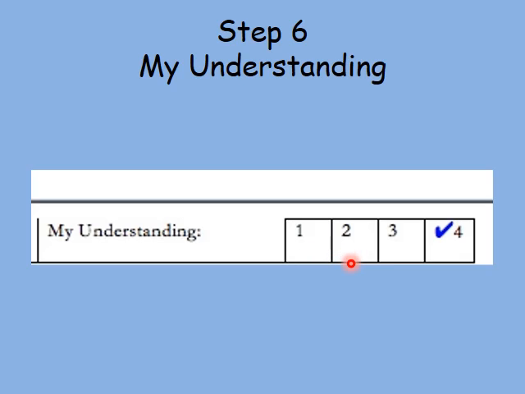Number 2 means you're getting a grasp on it, but you still have a few questions. 3, you feel very comfortable with the information that was presented today, and you are moving toward maybe number 4, which is I am so confident and I know even more than the information that was presented today. I feel so confident I could teach this to another student so that they could fill out their Marzano frame.